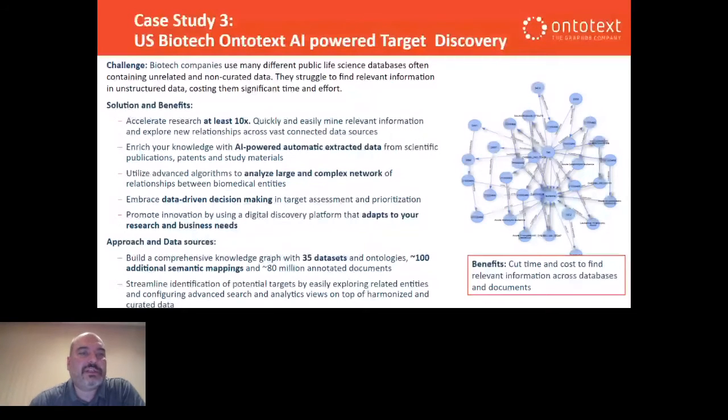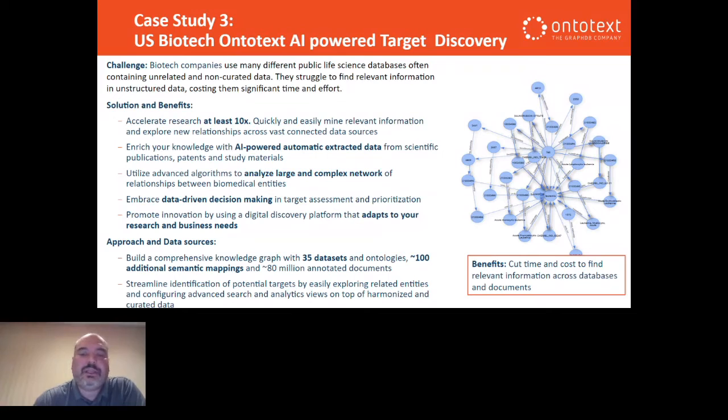Very quickly about the third case study, which is very similar to what Martina will present you in a minute. It's a project with a US-based biotech company for which we have developed a huge knowledge graph, which is used to identify new potential targets for new drugs. And in addition to the huge amount of data that we integrate from more than 35 different data sets, we also augment the knowledge graph with a significant amount of data extracted from scientific publishers with NLP methods.